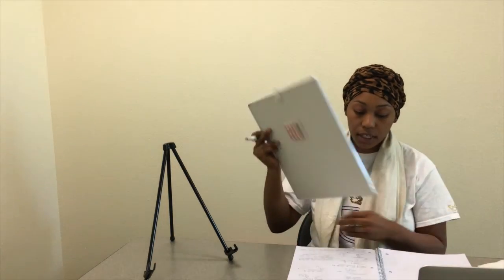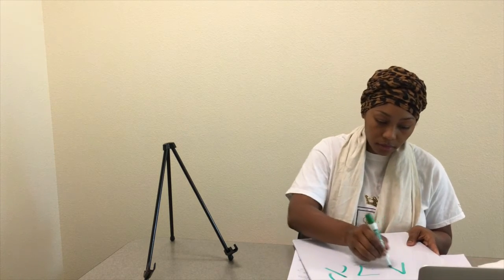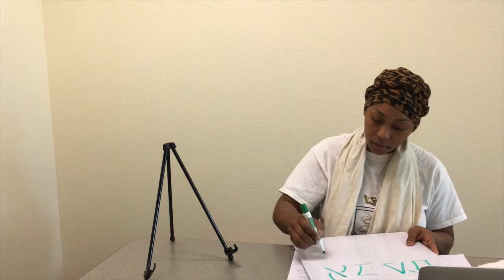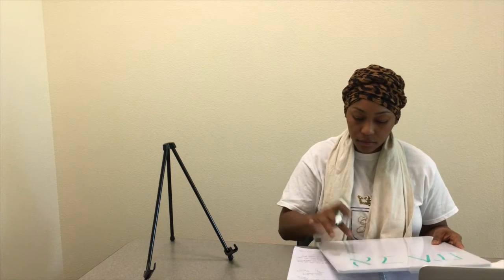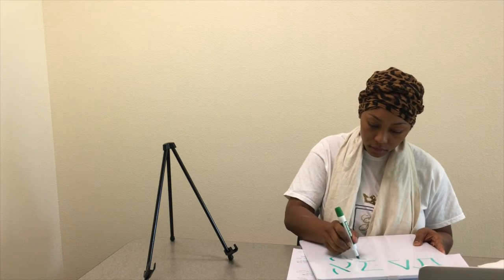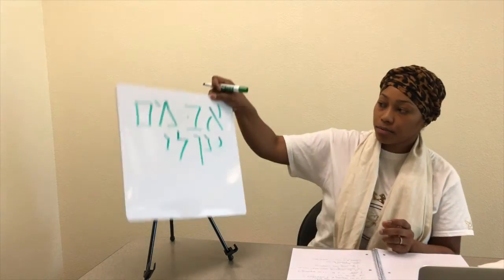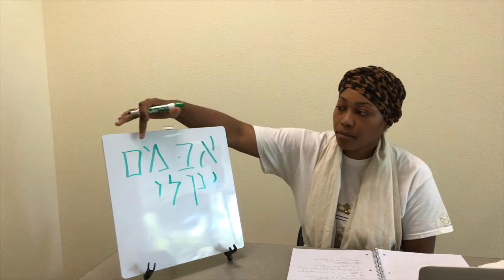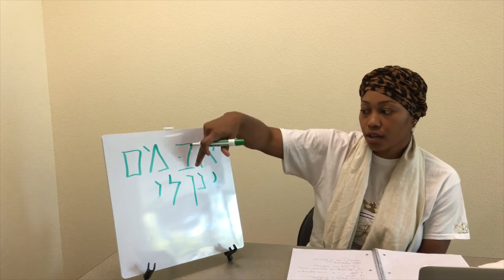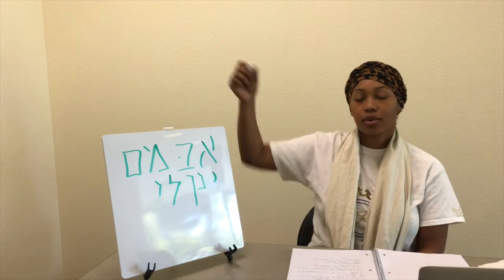So I'm actually going to write them out here. You should know the aleph, the bet, the mem sofit, the yod, the nun sofit, the lamed, and the vav, or the wa.